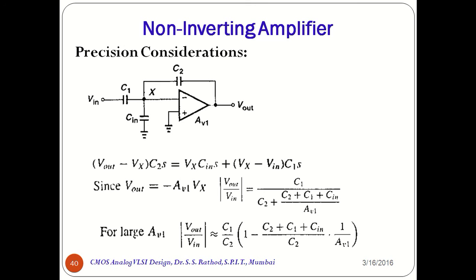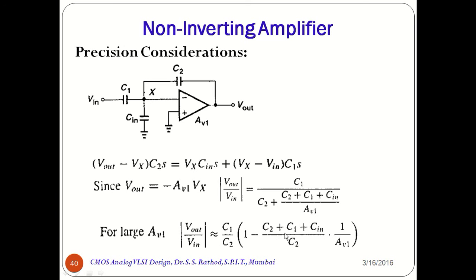Now, similar to the buffer circuit, we study here the precision and speed considerations for the non-inverting amplifier. Consider the non-inverting amplifier shown in this figure, and in this case the input capacitance is also shown. For this network, calculate Vout by Vin.